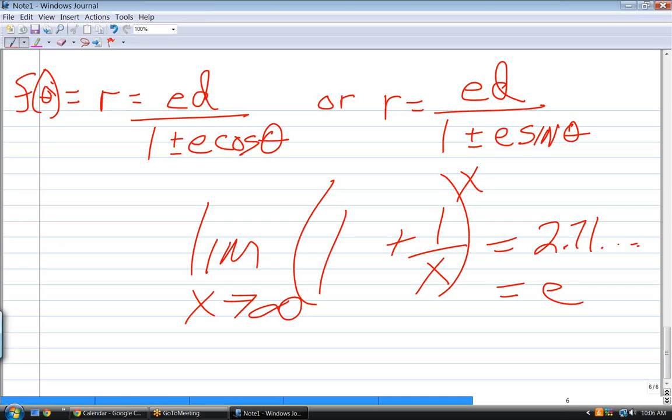But 1 plus change, in other words, this never actually reaches 0. So even when x is a googol, you've got 1 and a little tiny bit, and the fact that we're exponentiating it to a googol power makes the number more than 1.